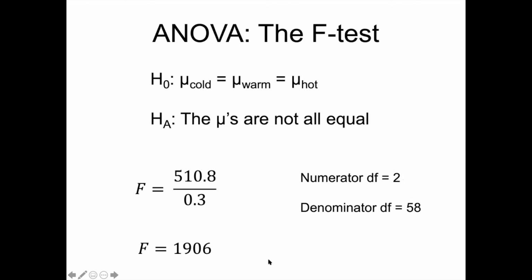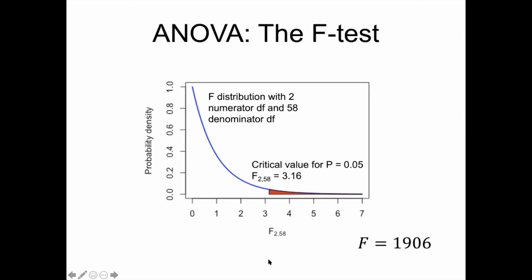We can then take this F statistic that we've calculated and compare it to an F distribution with 2 numerator degrees of freedom and 58 denominator degrees of freedom to determine how unusual this calculated F statistic really is. We can see that most of the time when the null hypothesis is true, we're going to get an F test statistic in and around 0 or 1 or maybe 2.